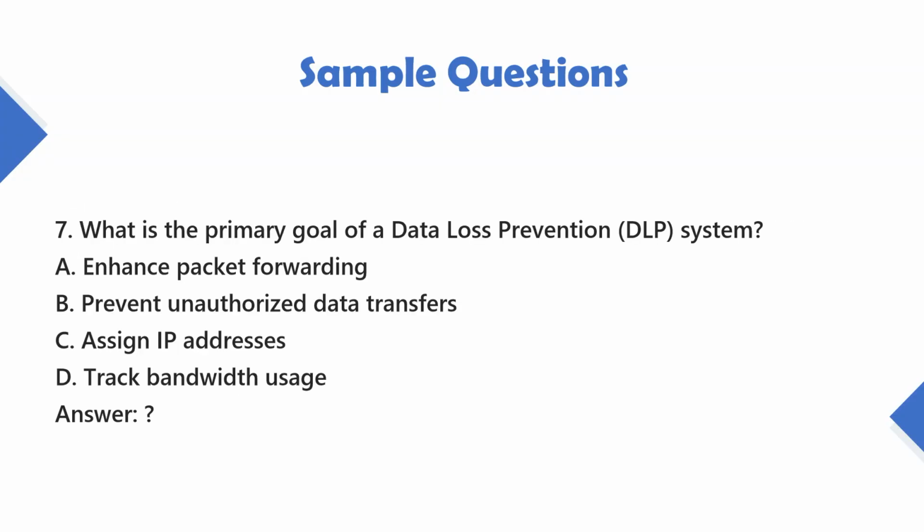What is the primary goal of a data loss prevention (DLP) system? A. Enhance packet forwarding. B. Prevent unauthorized data transfers. C. Assign IP addresses. D. Track bandwidth usage.